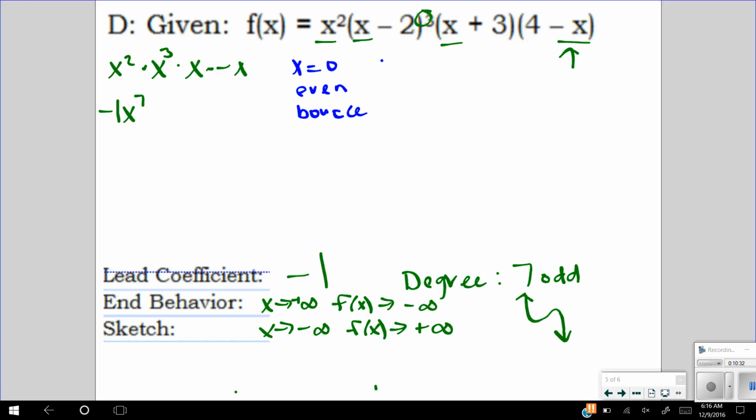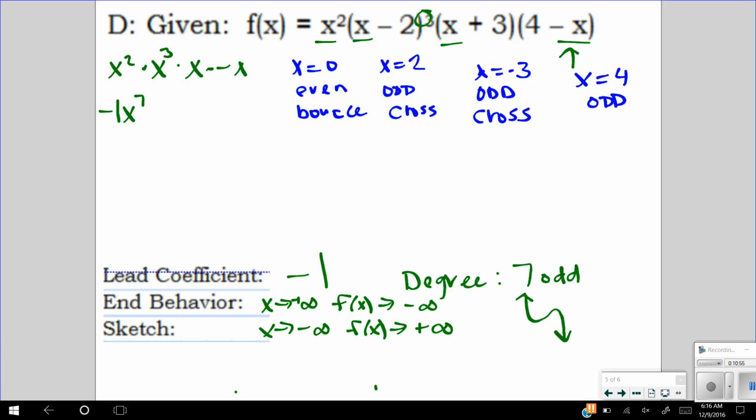Here x would equal 2, and since it's raised to the third power, it's odd multiplicity, so that means it's going to be a cross point. Here x is negative 3, and since there's only one of them, that makes it odd, so cross point. And here x would be 4. And again, there's only one of them, so it's odd, making it a cross point.